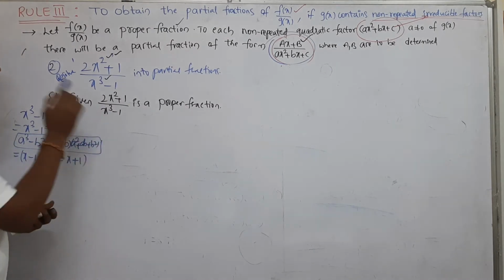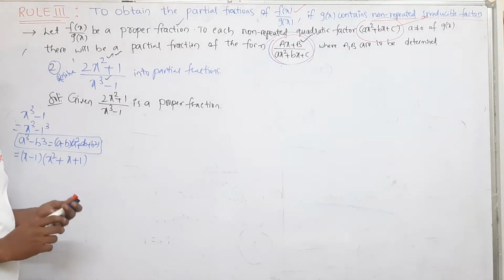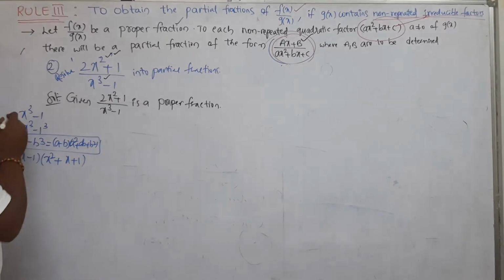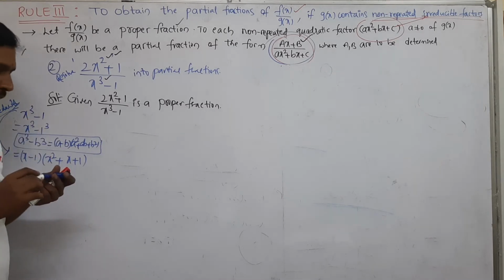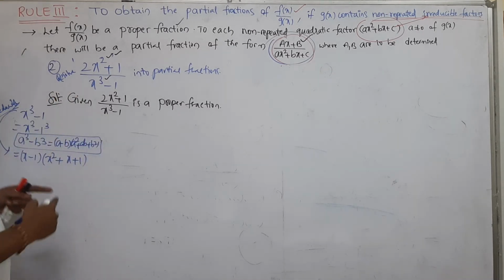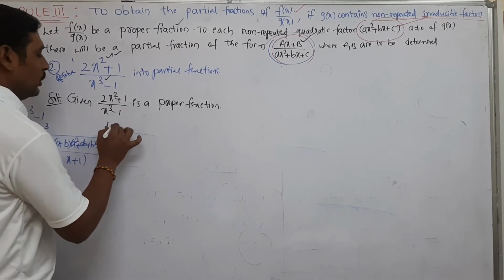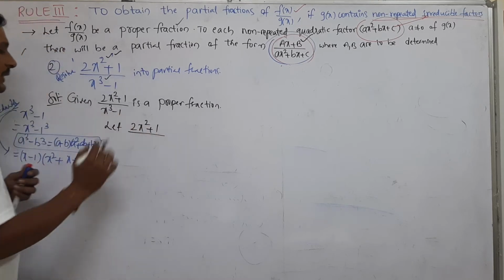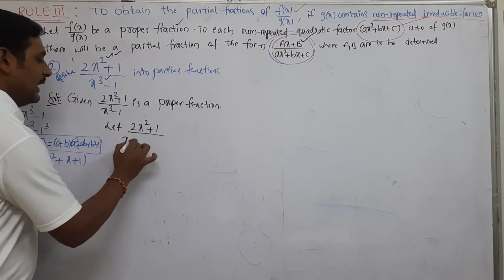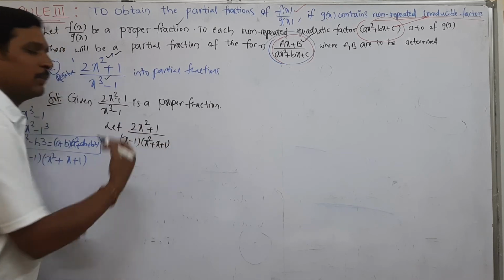Yes, the given expression can be written as a product of two factors. So the given x cube minus 1 is reducible, right? Because it is reducible, we can write x cube minus 1 as a product of two factors. Let 2x square plus 1 by x cube minus 1, which is x minus 1 into x square plus x plus 1.